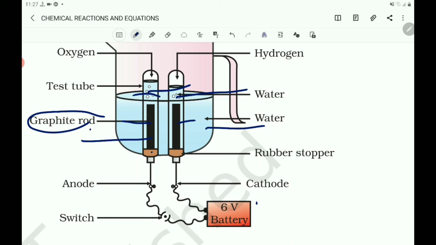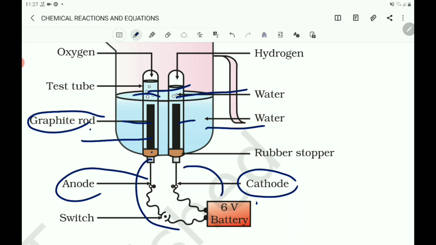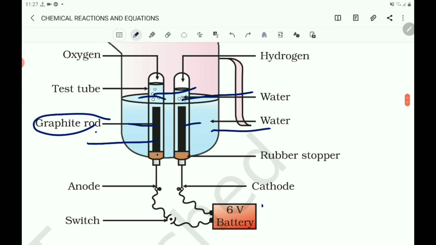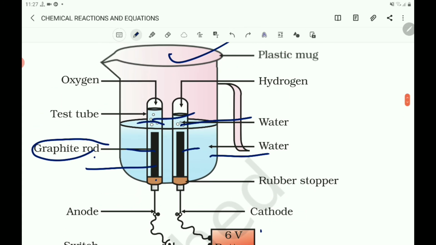This is the anode and this is the cathode. And fill the mug with water.